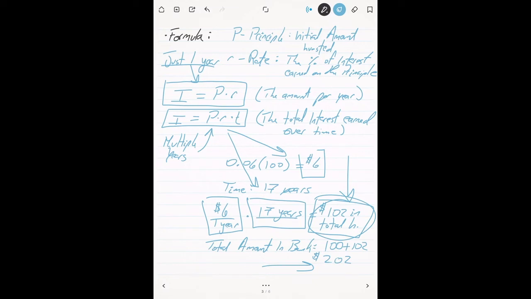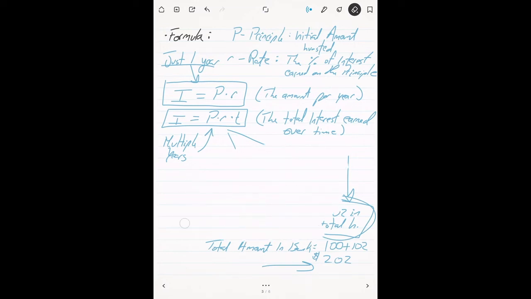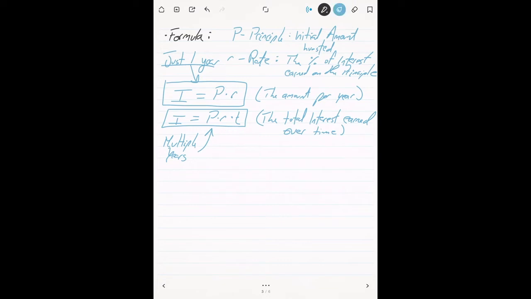You have to add that to what you still have in the bank account. $102 is what the bank has given you all this time. You still have what you initially put in. So I want a little formula for that as well. Something that says how much total amount of money we would have earned considering how much we initially put in.